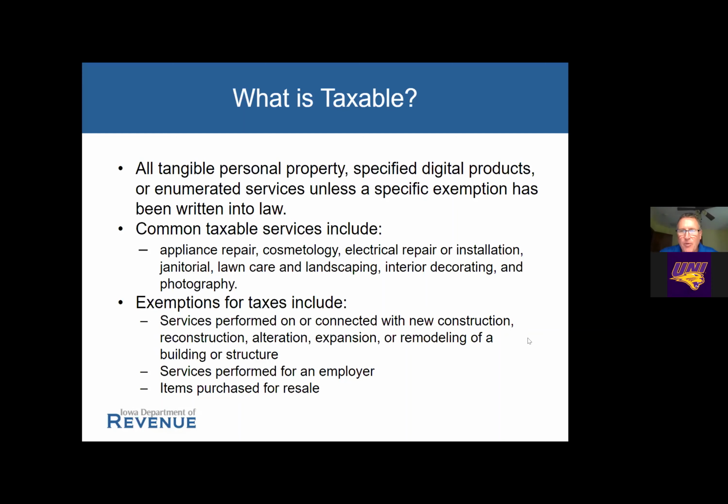I don't have the administrative rules in front of me, but you can email the department at idr@iowa.gov. If you just want to put attention Terry and say something about the webinar, I can get you the rule for the economic nexus. It describes when this would kick in and when you're required to start collecting the Iowa tax. So please do that, and we'll get you what you need. All righty.